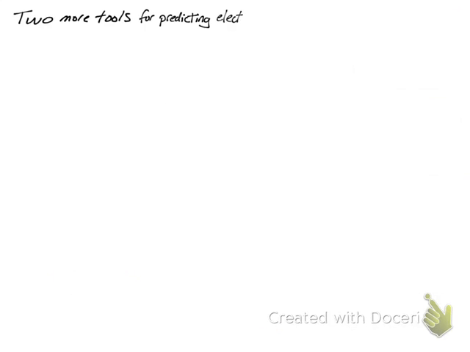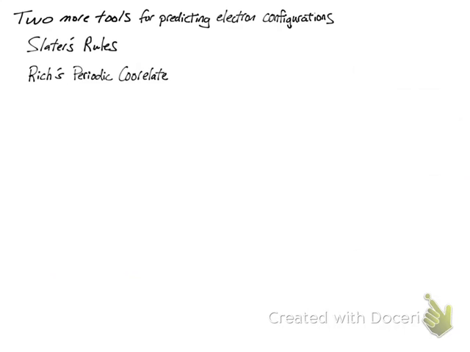Two more tools that are presented in your textbook for helping to predict the electron configurations are Slater's rules and Rich's periodic correlate. There's a diagram in your book, I think it's figure 2.12, which we'll use to help us predict or explain the filling of d electrons within the transition elements. Let's start, though, with Slater's rules.